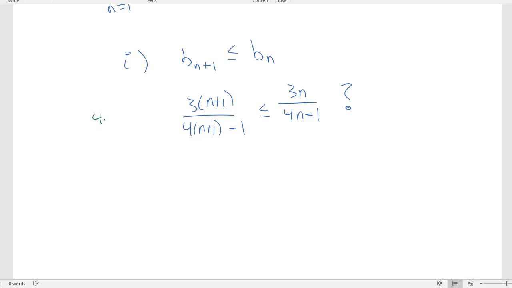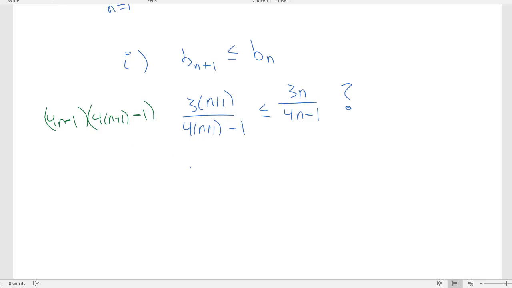So remember, I am going to multiply both sides by the common denominator. So I take this denominator, multiply it to this denominator, and then I multiply both sides by that term. It's how I like to think about this. So on the left-hand side, the 4 times n plus 1 minus 1 is going to cancel.